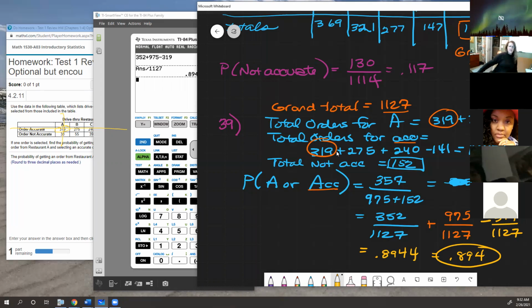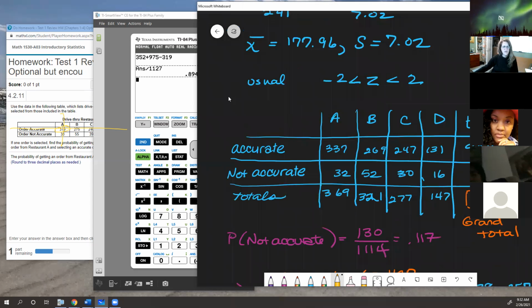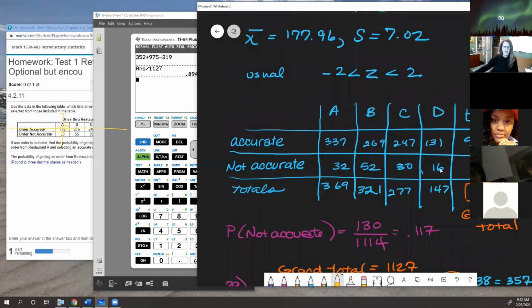I just suggest that you do it this way, the last problem, right? You copy the table and you get all your totals, get your grand total, and then start doing the diagramming where you can highlight what they're asking you. In that problem, they were asking you not accurate orders, okay?